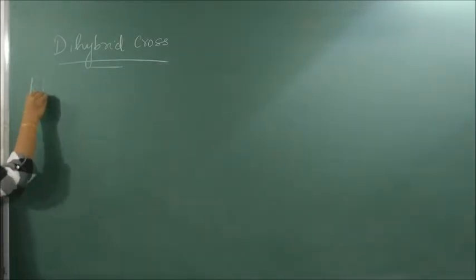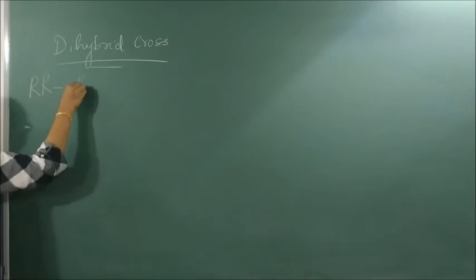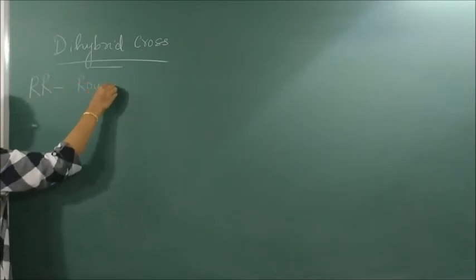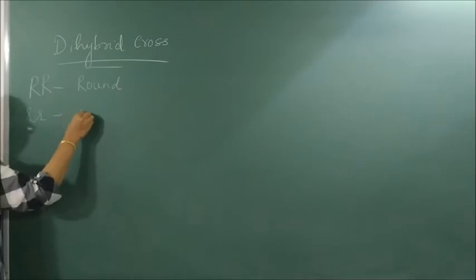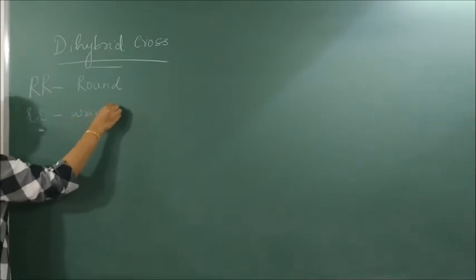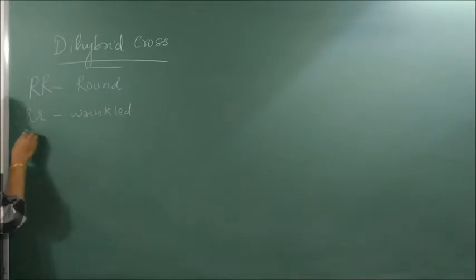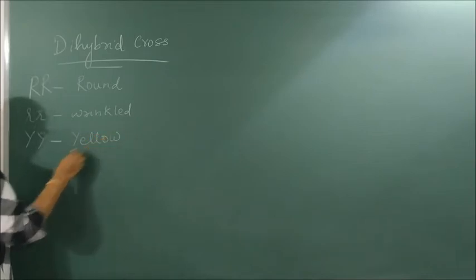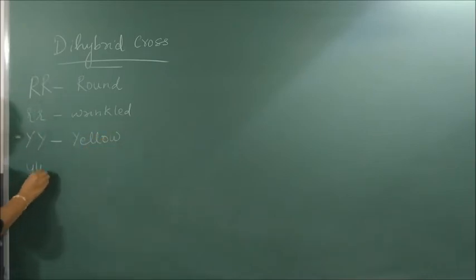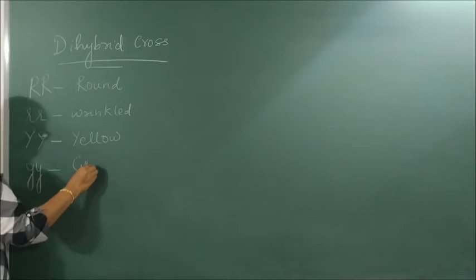Capital R stands for round. Small r stands for wrinkled. Capital Y stands for yellow. And small y stands for green.